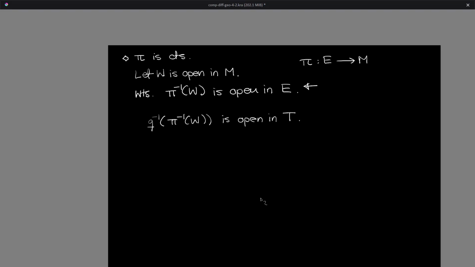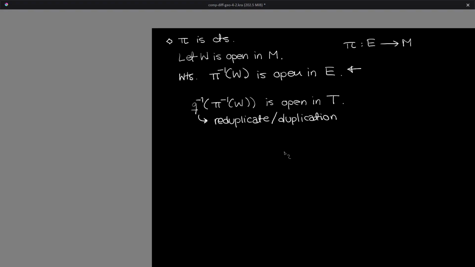It takes points in T and maps them to the same point in E if they're on the same point in the manifold. So the Q inverse function takes points in E that have already been deduplicated and reduplicates them. That's what I call it. Reduplicate. Or I suppose you could just call it the duplication function. It reintroduces that redundancy into the space E and turns it back into T.